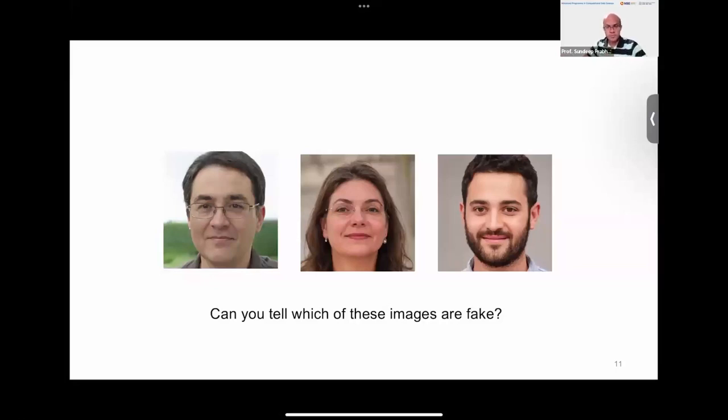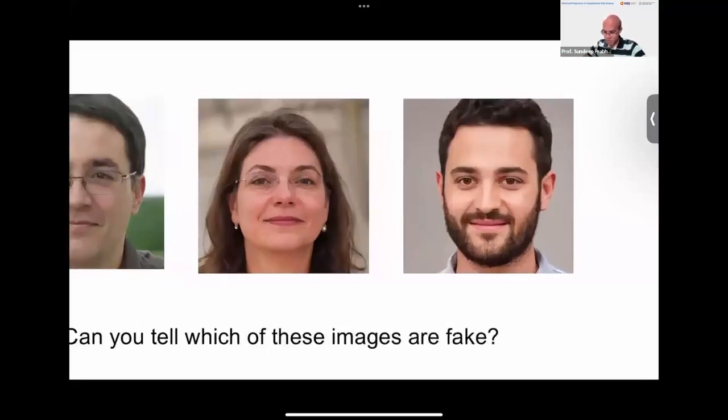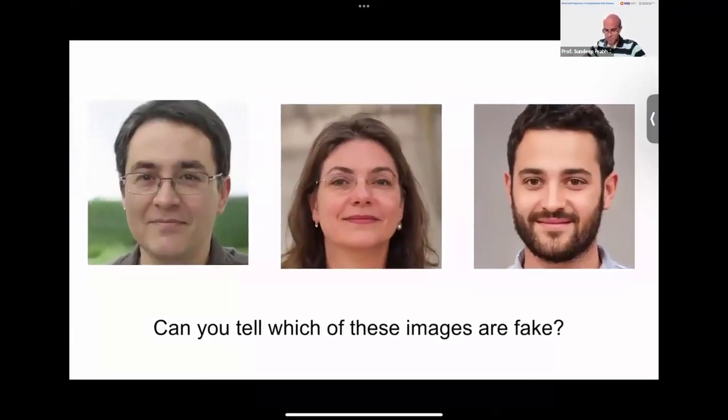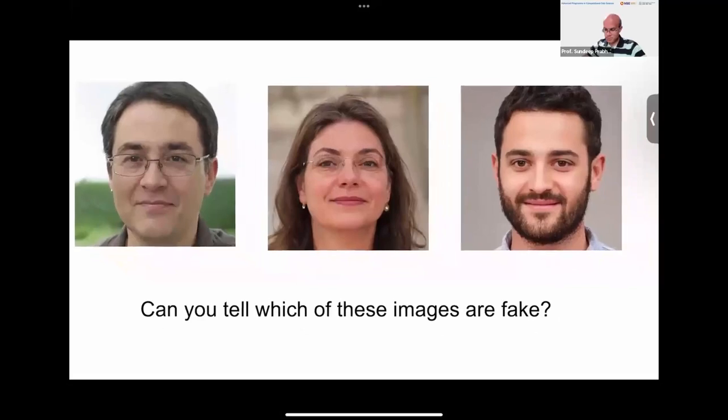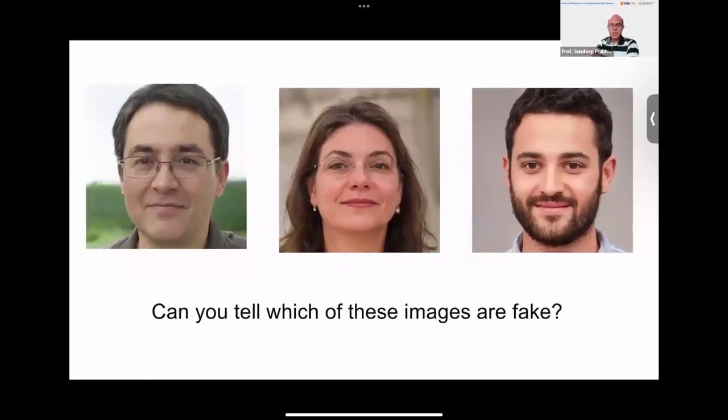Key in your answers. I can zoom in if you want. First and second one seems to be the answer so far.